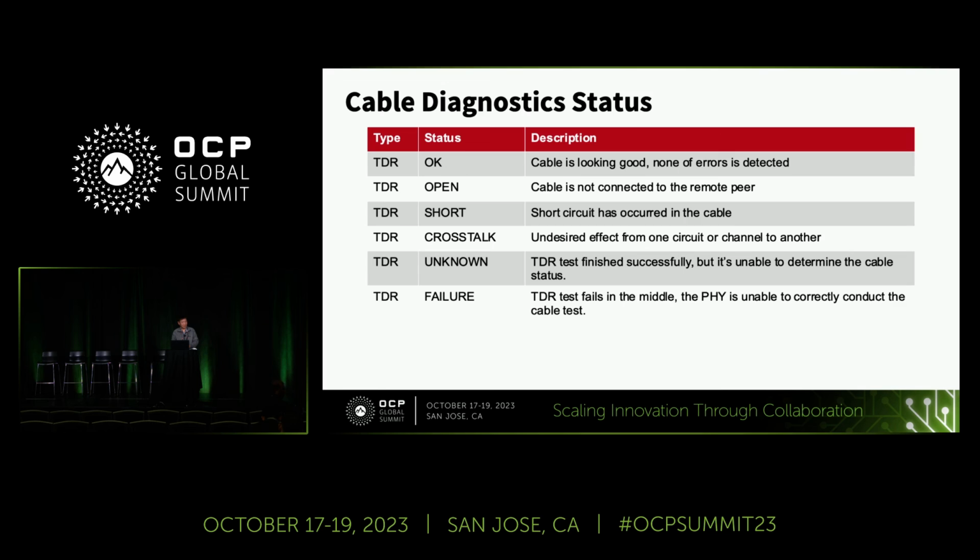I understand that TDR doesn't require the peer side to do anything. No, it doesn't. So basically, if you have the cable plugged into one switch and the other end is not plugged in, it will just tell you that it's an open circuit.